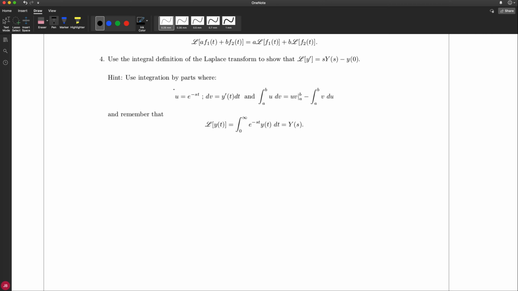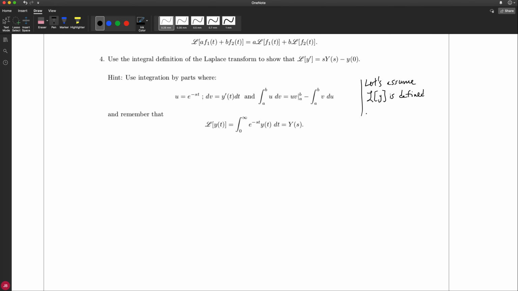I think there's one caveat that we need to be mindful of here, and that is that even though it's kind of being swept under the rug, we're actually going to assume that the Laplace transform of y exists, or is defined.